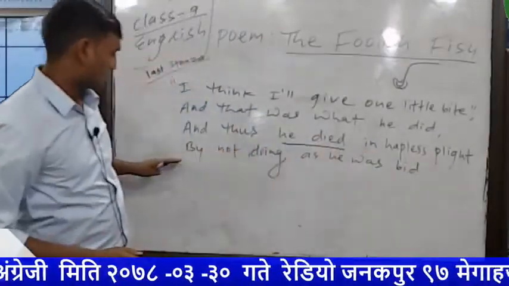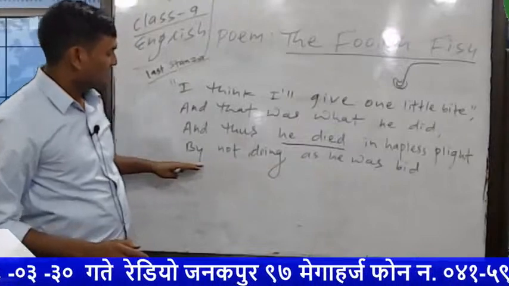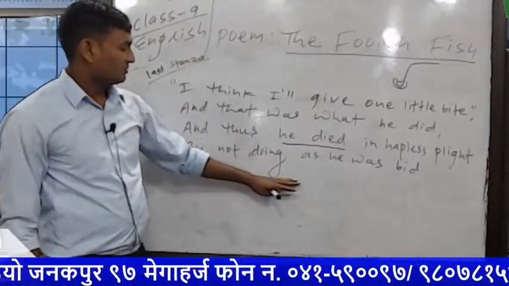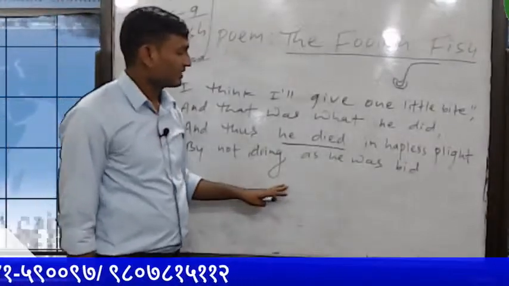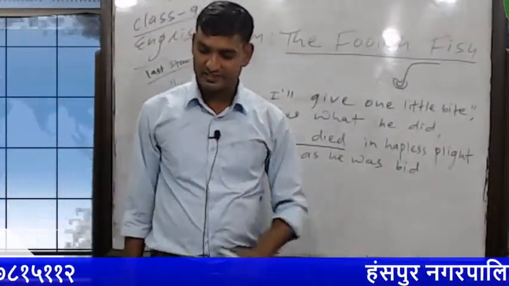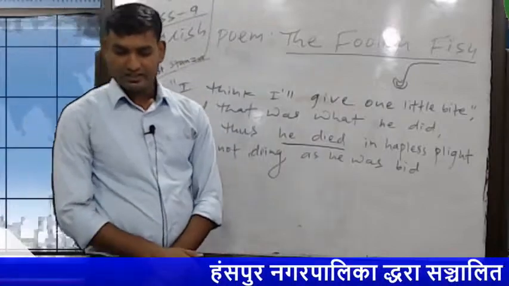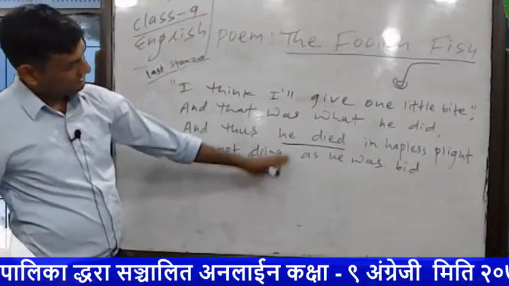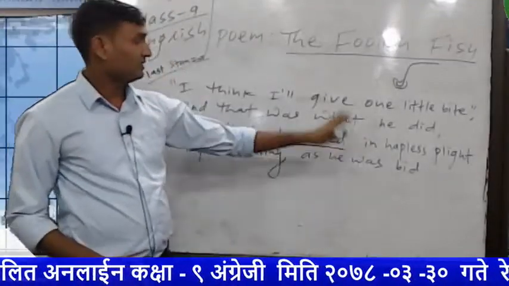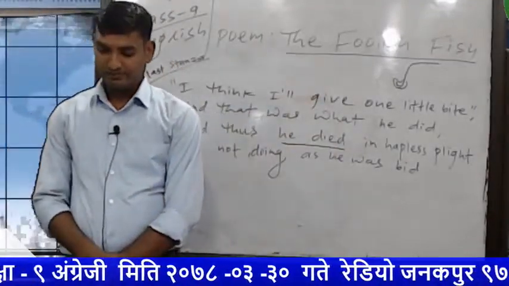In the last line, "by not doing as he was bid" means he did not do what his mother said. Bid means forbidden. At last he died. So this is about the poem.